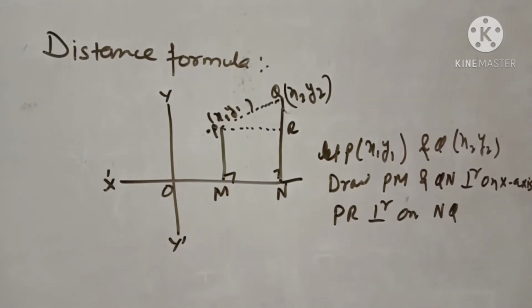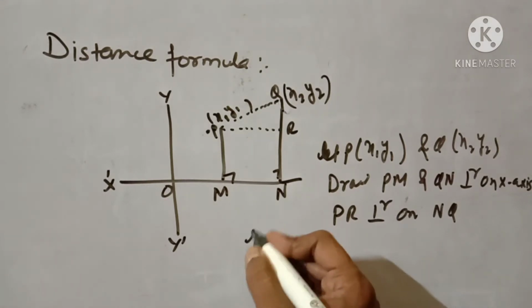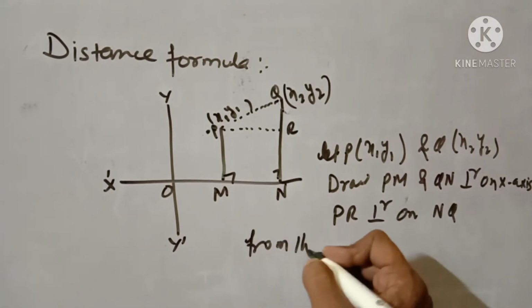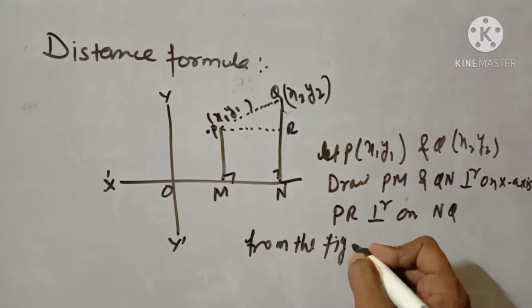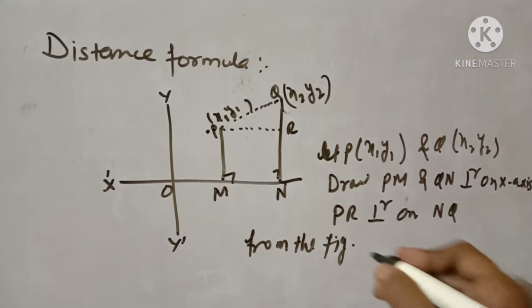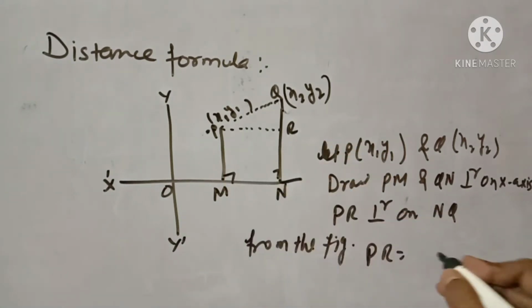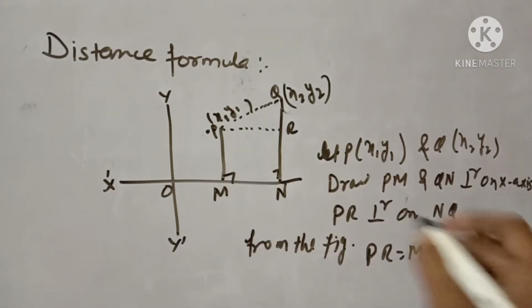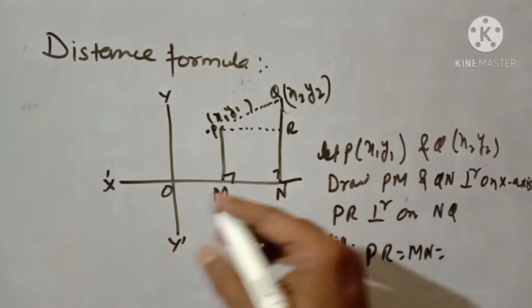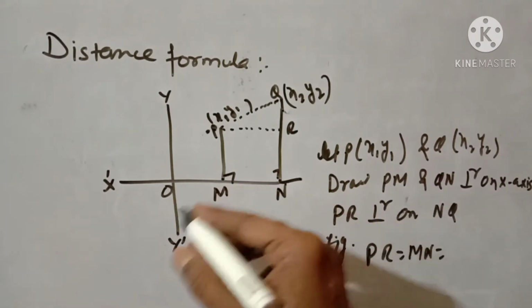Now from the figure we can understand that PR is equal to MN, and MN is equal to what? MN is equal to ON minus OM.